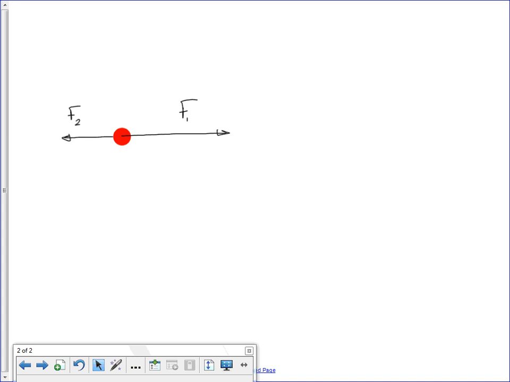Now, first of all, when we say F, we're referring to a force. And what is a force? Any push or pull. Where those forces come from and what we name them is not so important quite yet.